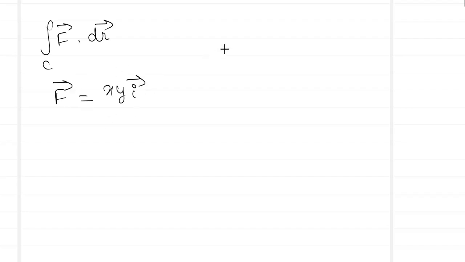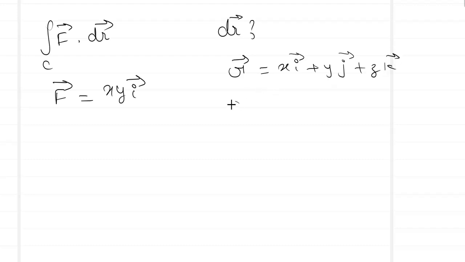So this is my F vector. What is this dr vector? Now, I know that the position vector r is xi plus yj plus zk. So what will be my dr vector? It is dx i plus dy j plus dz k.